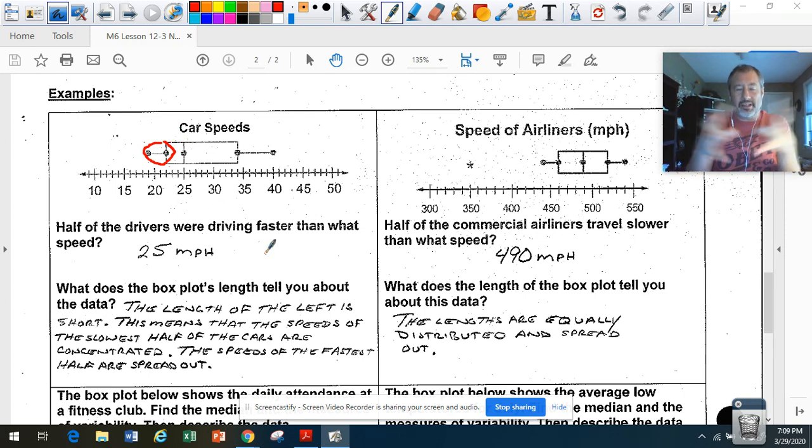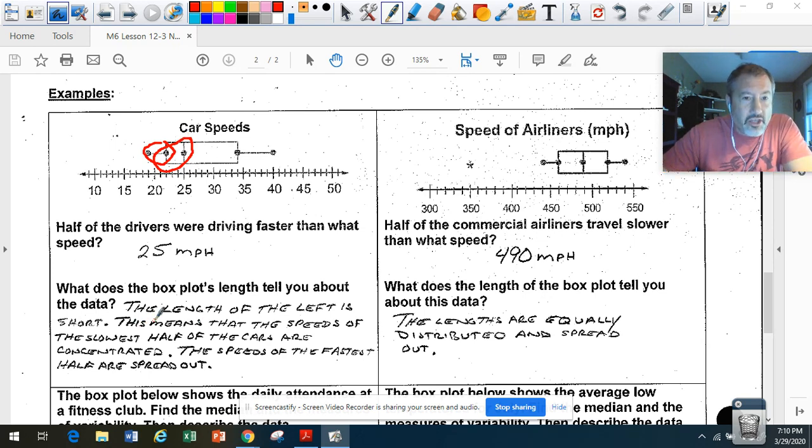It's tighter together here. It's about the same length on this side compared to that side, which means the data is tight together. So we have a lot of the data maybe around our 19, 20, 21.